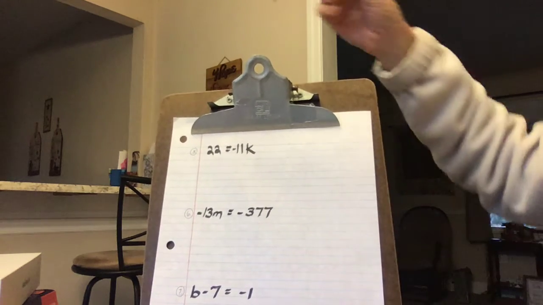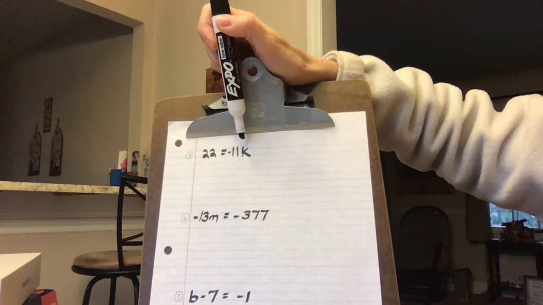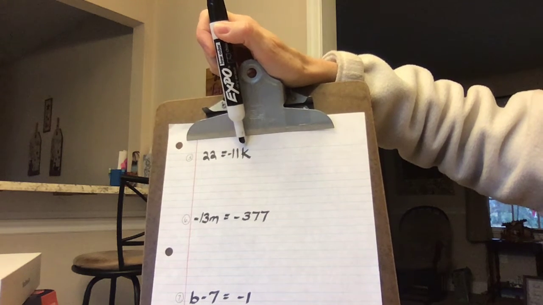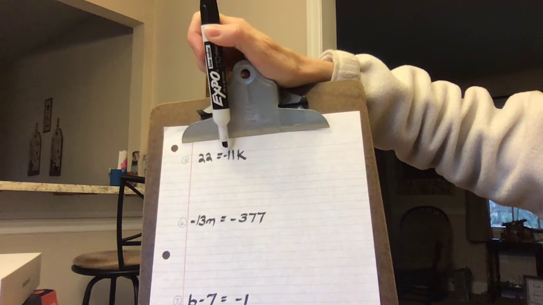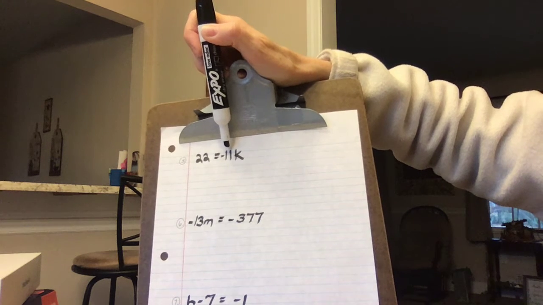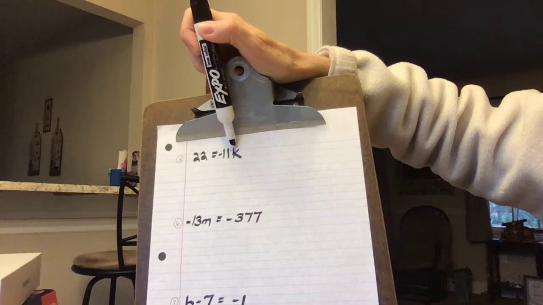Okay, so to get your variable alone, right here your variable is k. You need that alone. So to get rid of it, you have to divide by -11 on both sides, because the -11 needs to be gotten rid of so k can be alone.